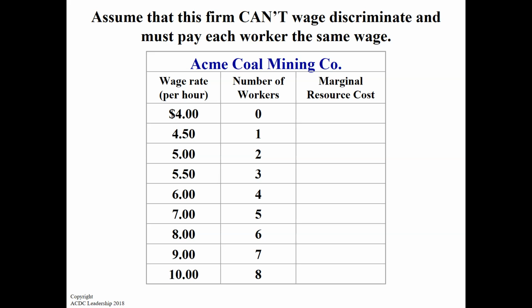For the third worker, $1650 is my total cost. As you can see, if I just stop here, we're in perfect competition. Remember, it was wage equals MRC equals supply. That is not working here, because MRC is greater than wage.